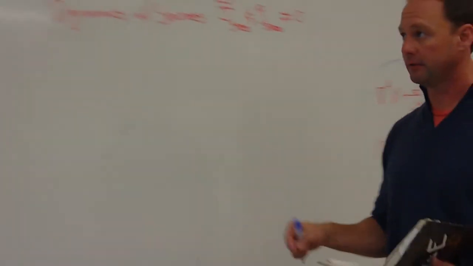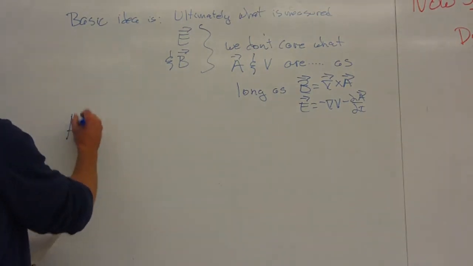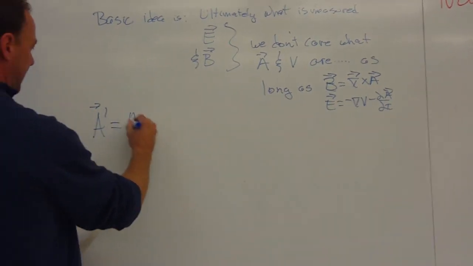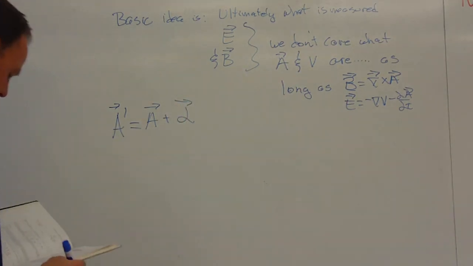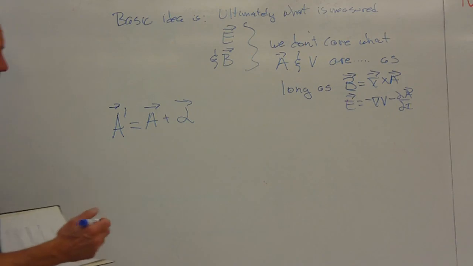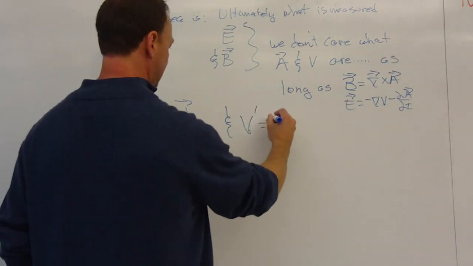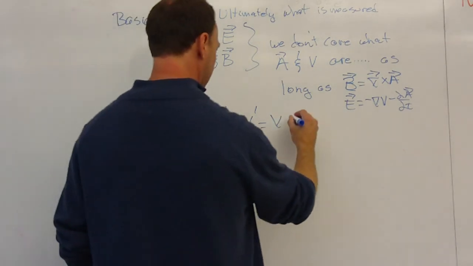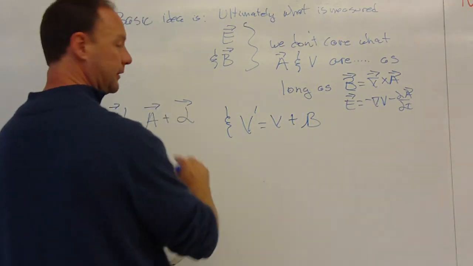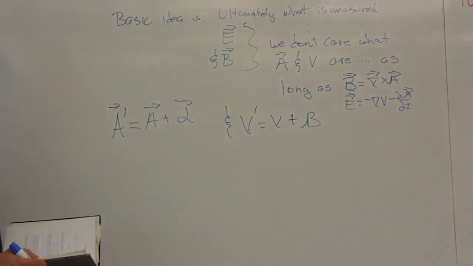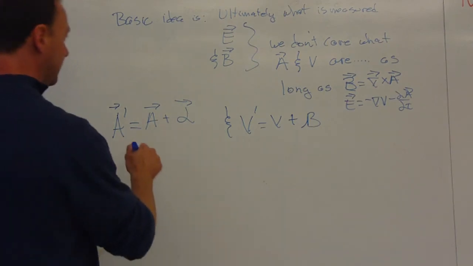All right, so here's how it's going to work. Suppose we let A prime equal A plus alpha, a vector. I'll follow it exactly like he said. And suppose V prime equals V plus beta. This is a scalar function, this is a vector, and this is a scalar.